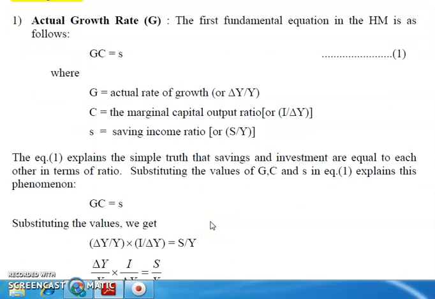It explains the simple truth that savings and investment are equal to each other in terms of ratio.